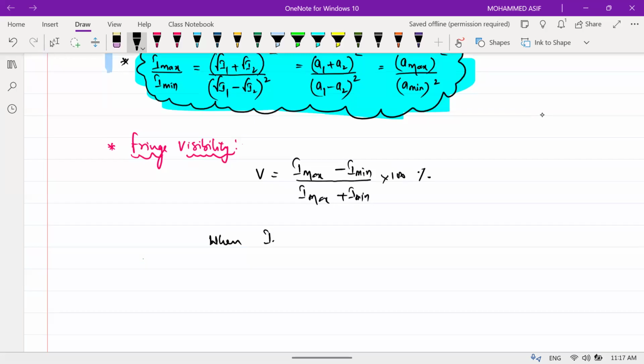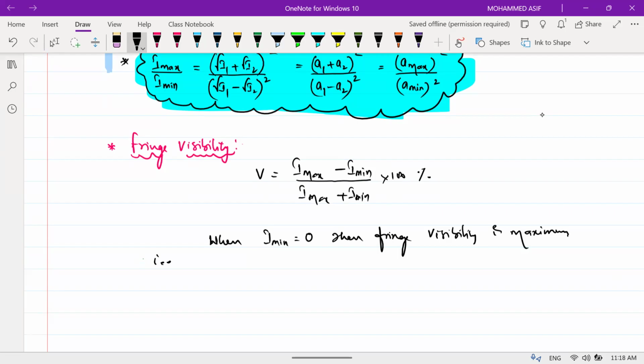When I minima is 0, then fringe visibility is maximum, 100%.